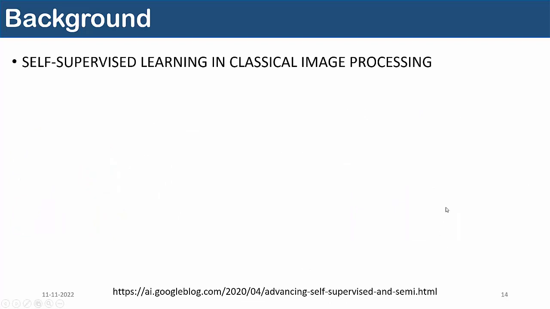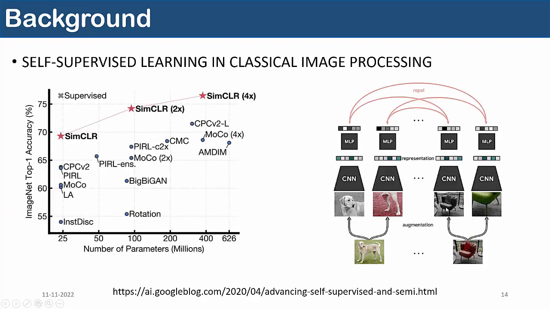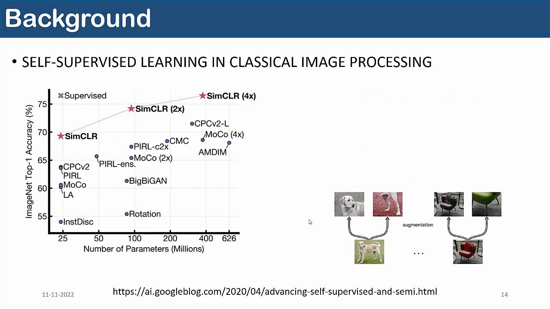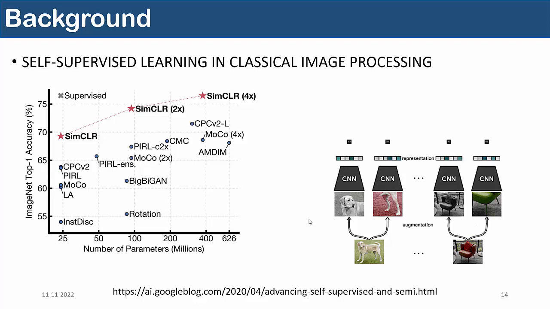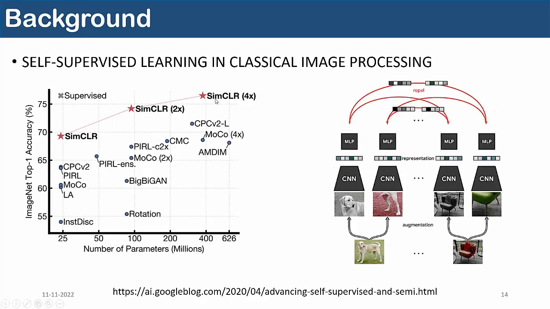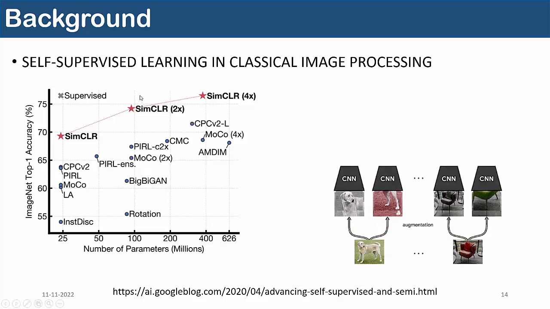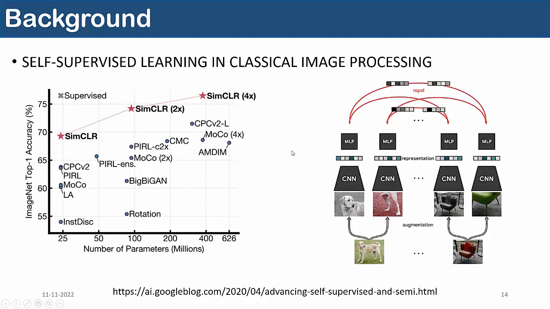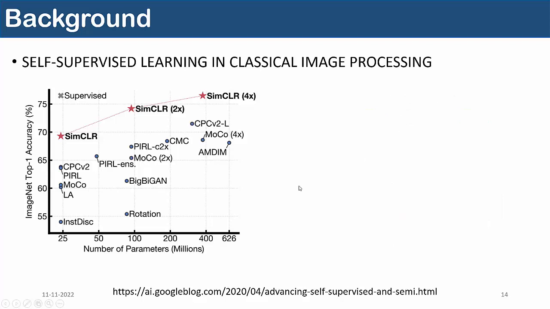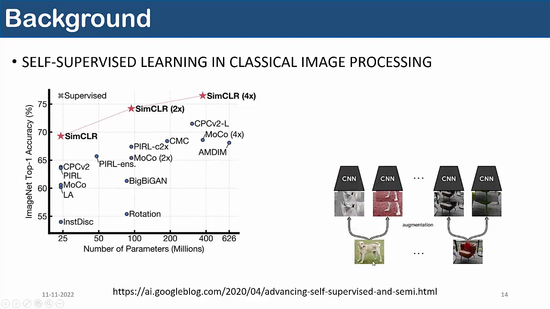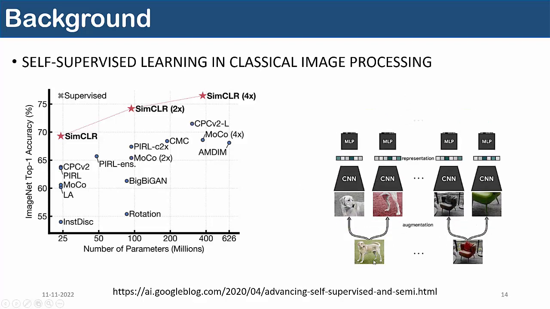If we talk about self-supervised learning and classical image processing, then the best example here is SimCLR, which is contrastive learning. Contrastive learning is doing a very good job in self-supervised learning, which is almost equivalent to supervised learning, and this is something developed by Google. So why this name contrastive learning? Because if you see this diagram, you have got an image. These are not labeled images, so you perform some data augmentation.